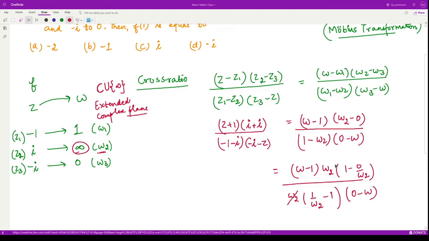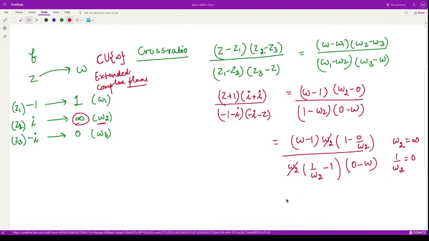Now this w2 cancels with this one. So now you can substitute the value of w2 here. If w2 is equal to infinity, that means 1 upon w2 simply is 0. So this side becomes w minus 1 and then 1 minus 0, and then we have here 0 minus 1 and then we have 0 minus w.